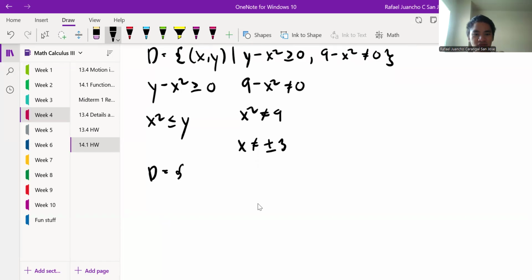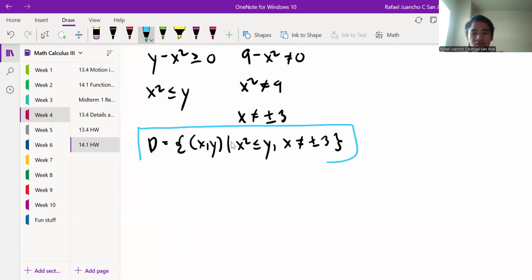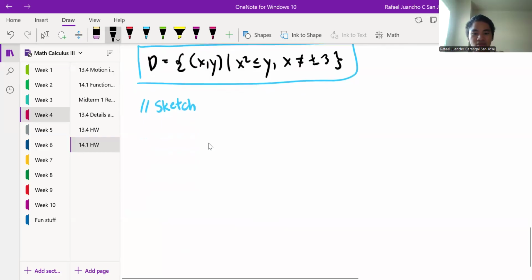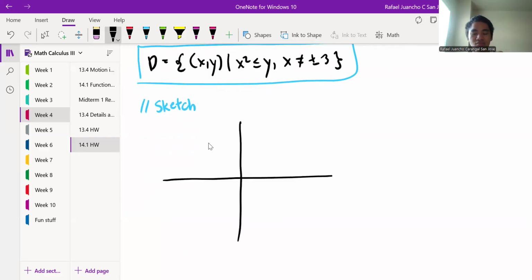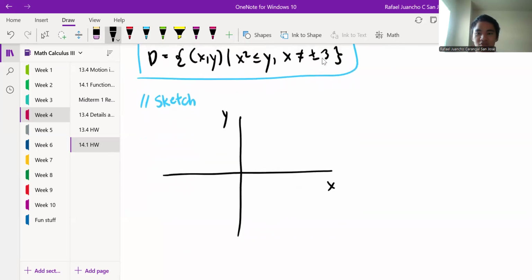So if I rewrite it again, there we go. And now I sketch my domain. Here I see my XY plane. Let's do the second condition first, because that one's easy.